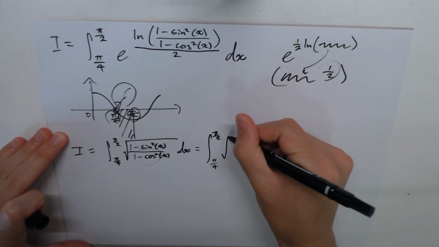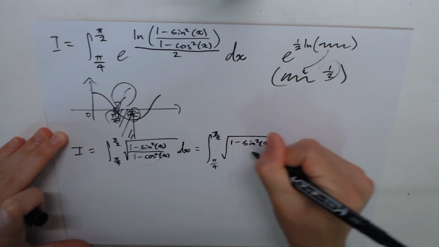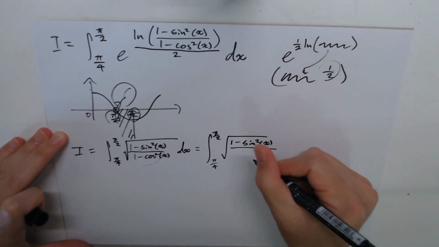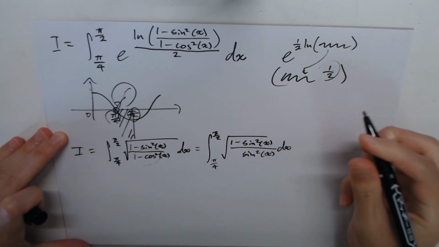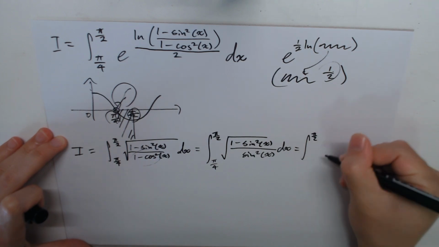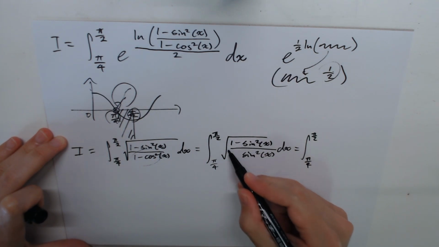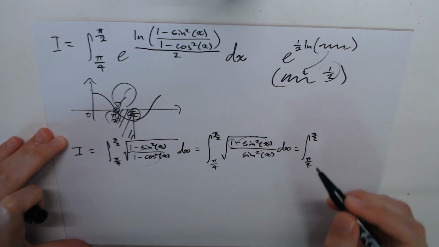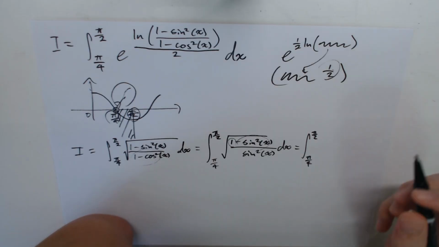So anyway, we have 1 minus sine squared x over sine squared x dx, and that is also quite simple to think about, because we will just separate this into 2 fractions, because I think that's an easy way to integrate this.